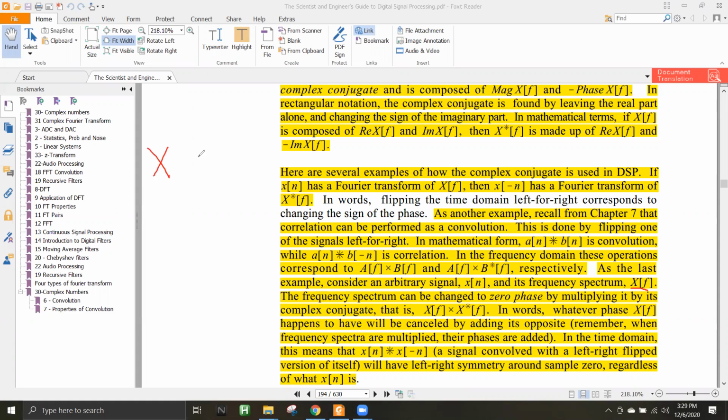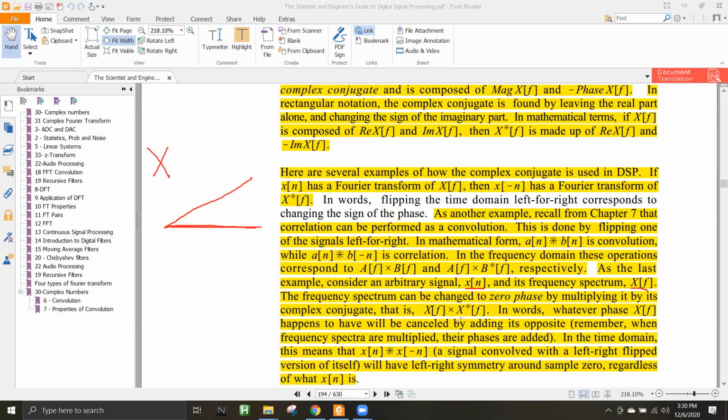If the corresponding time domain signal is not symmetrical around zero, then its phase will obviously not be linear, not horizontal, right? Even if it is linear, it may have a positive slope if it is symmetrical around a different point. Any such signal can actually be made symmetrical around zero. That means its phase can be made zero.